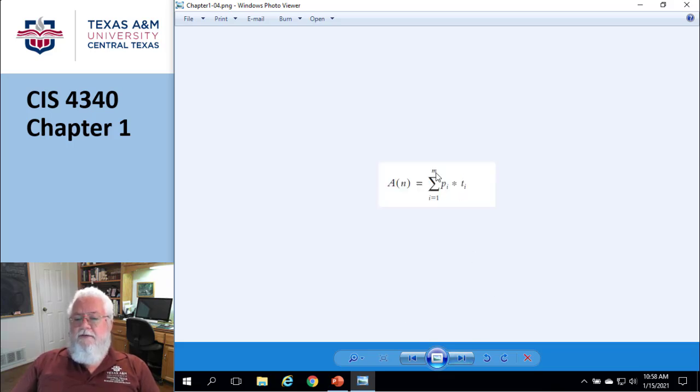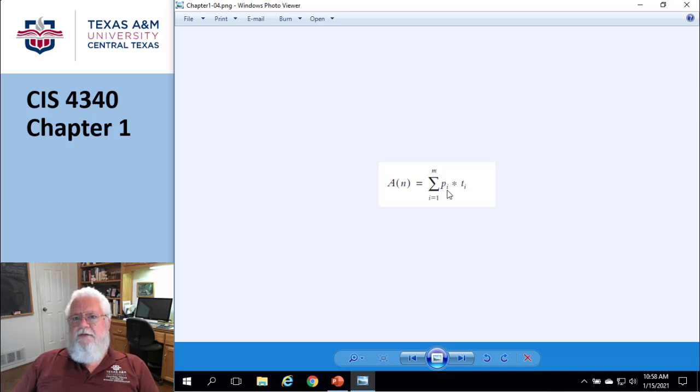So basically, 1 to m is the number of input classes. Let's say there are 5 input classes. One of them is sorted ascending, one is descending, one is random, and whatever, 2 others. Okay, so I have 5 things. So the average time for whatever it is, like 100 items, would be the probability of this use case showing up.